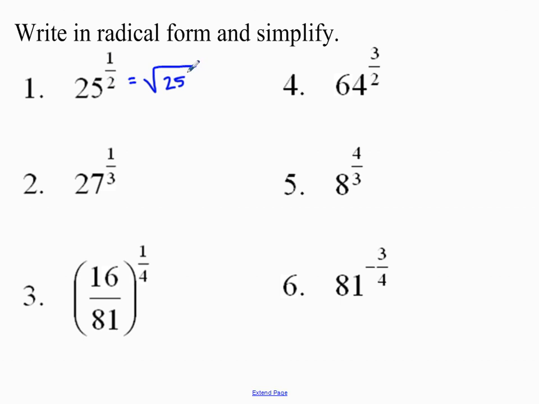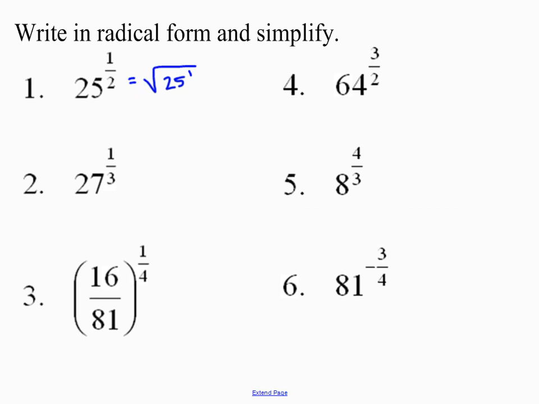So the 1 could go right here. You can write the 1, but remember, 25 to the 1 is no different than just 25. Here's where you want to concentrate. If you're spaced out, tune in. Don't write the 2. You've never seen a 2 there in your life, and you won't see one in this class. We don't write the 2. There's no such thing as the first root. So if you don't have any root here, it's implied that it is a square root.